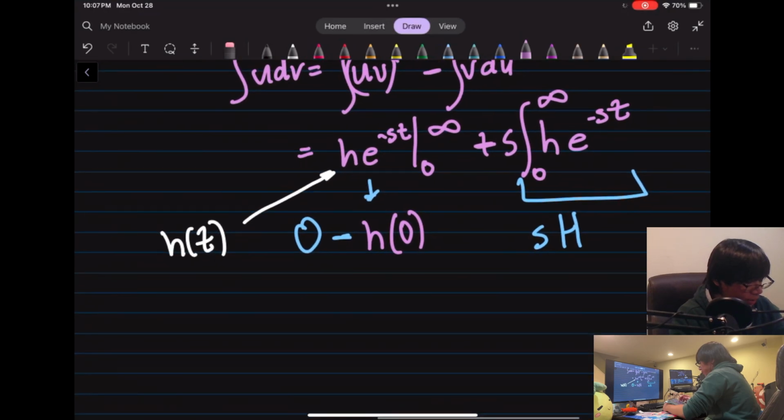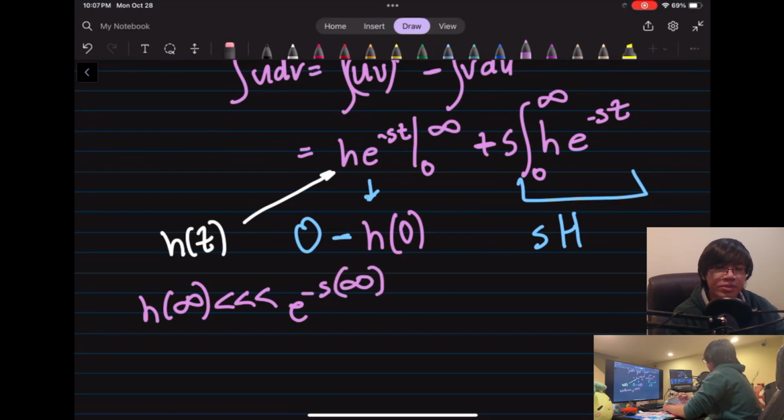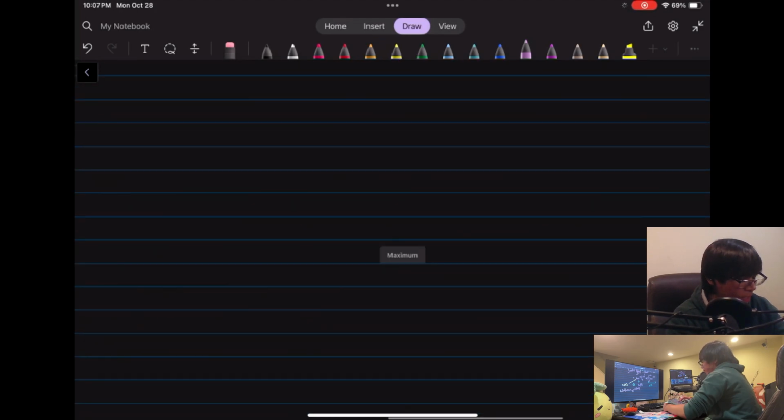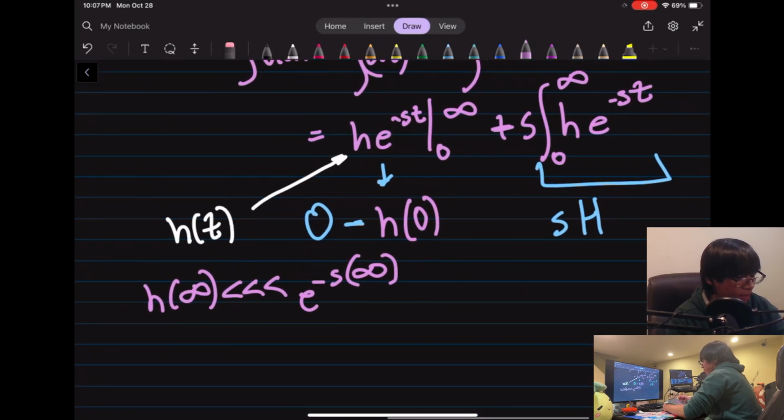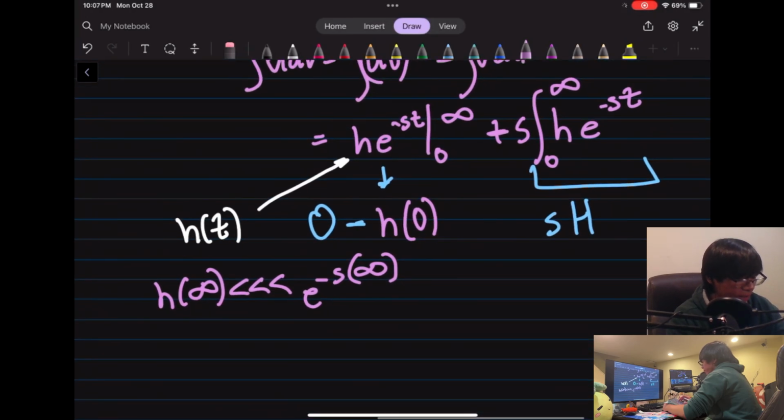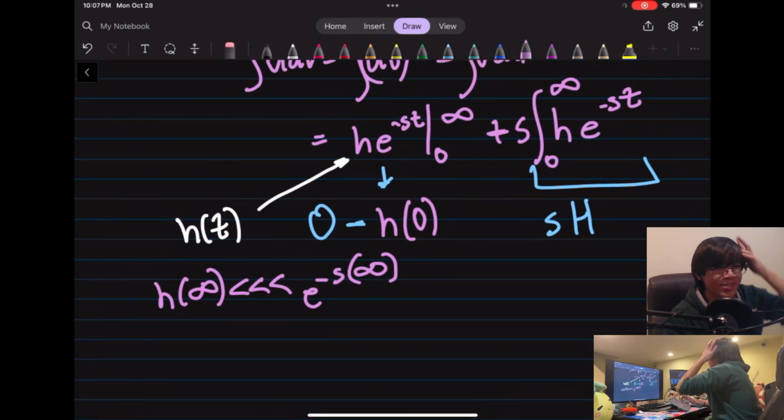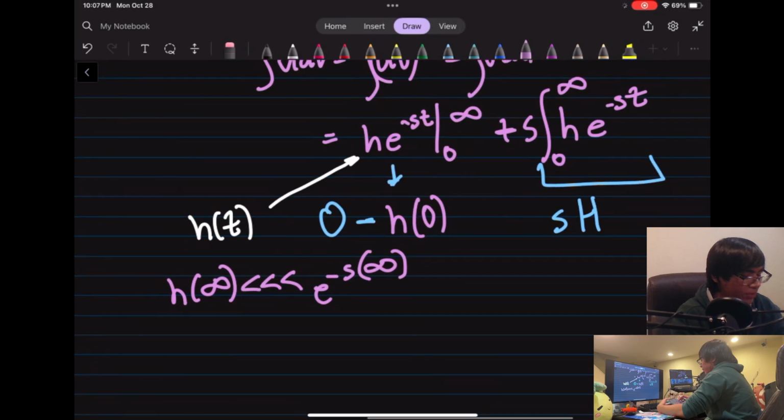And of course, you might be thinking why we chose h at infinity, or why we didn't choose that over the e to negative s infinity. Well, you'd have to do L'Hôpital's, which I'll refrain from doing just to keep things simple. But doing so, you'll notice that we take the derivative of the function, and you'll see that with L'Hôpital's rule, the exponential wins, so that eventually it goes to 0 for the left-hand side if you did evaluate at infinity.